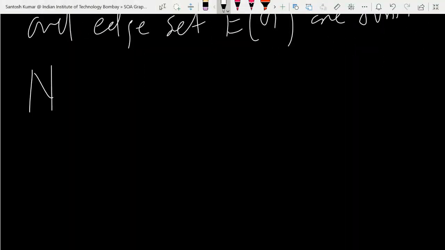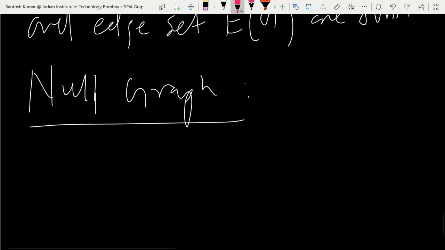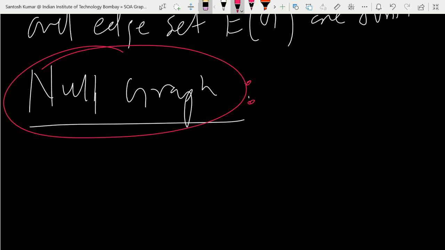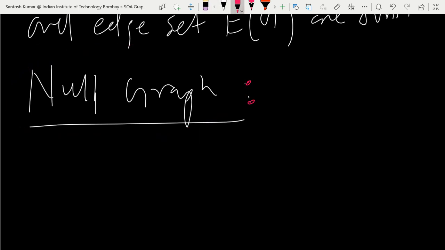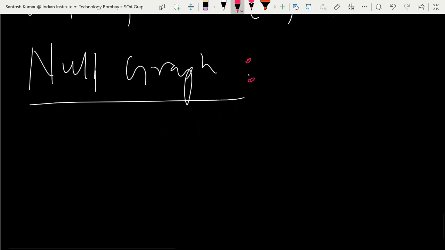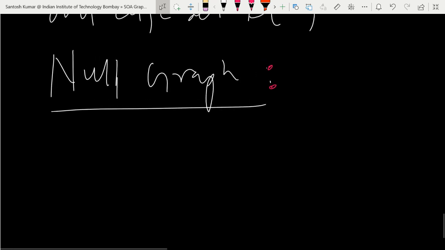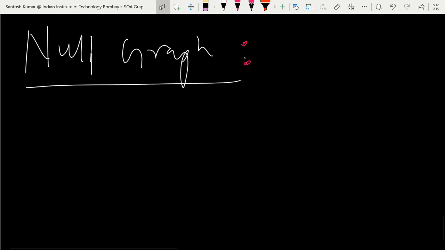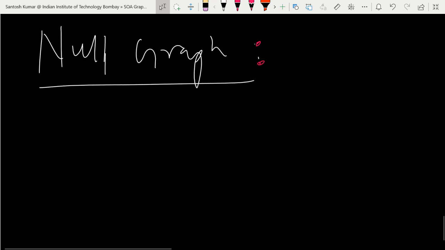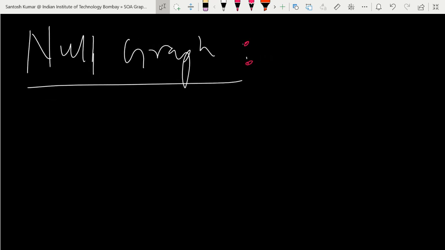Okay, there is also a word that comes, like null graph. Actually this null graph will not come in the course. Just for introduction I'm telling. So if you come across this word, the name itself says it: null graph means no vertex set. So the vertex set is empty, right?